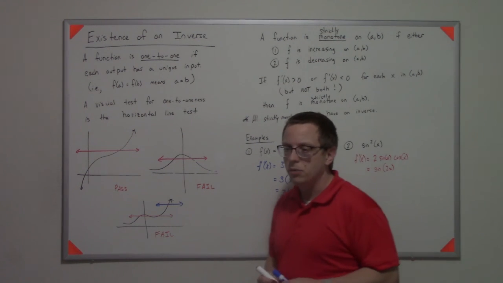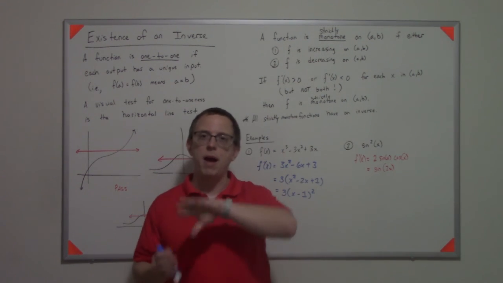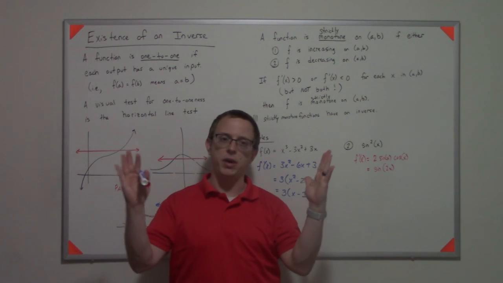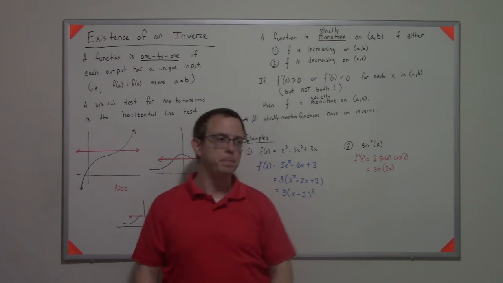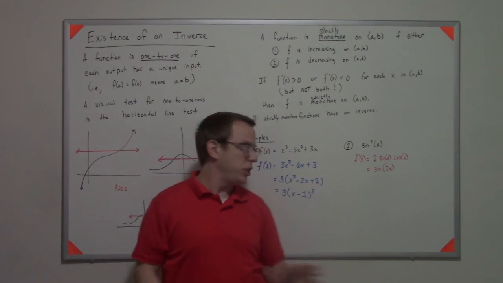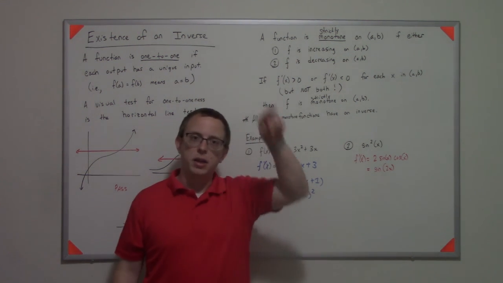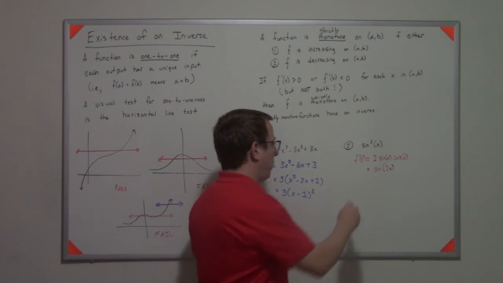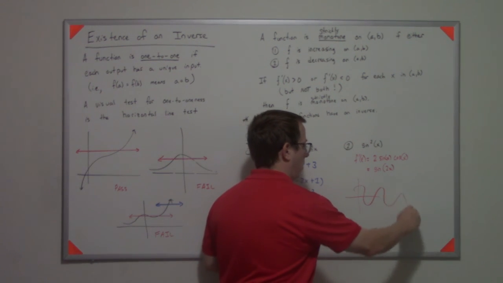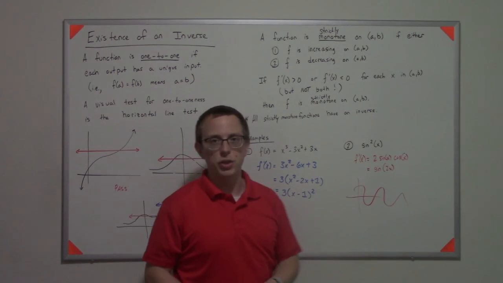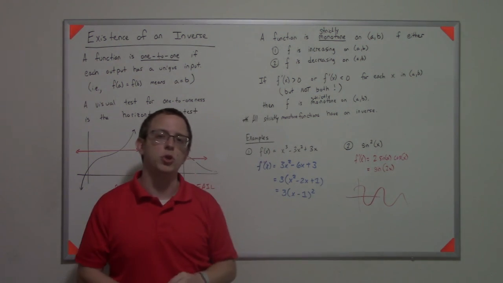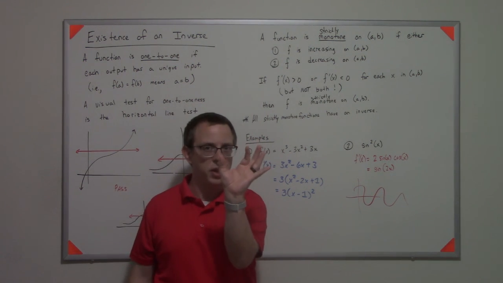Sine of 2x is just the same graph as sine of x, but with a decreased period, so it's kind of smashed in. Since you have that wave behavior, it's going to fail the horizontal line test. So this function does not have an inverse unless you restrict its domain to a very specific band.